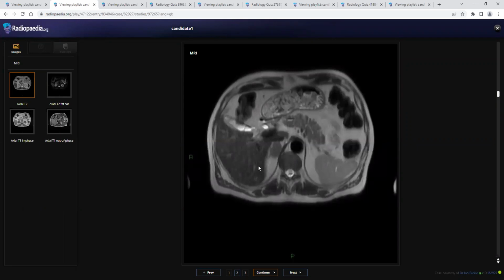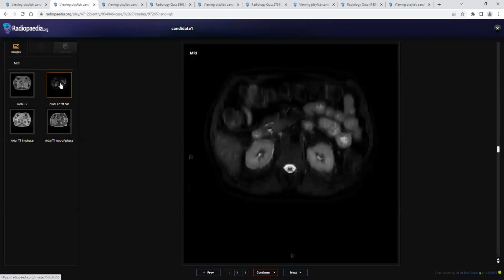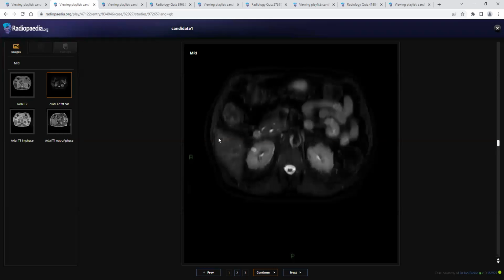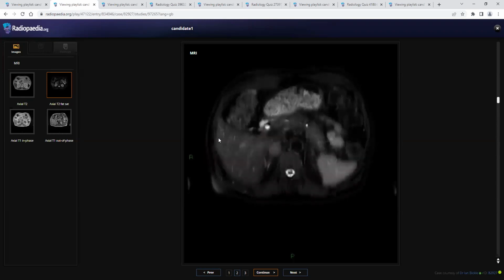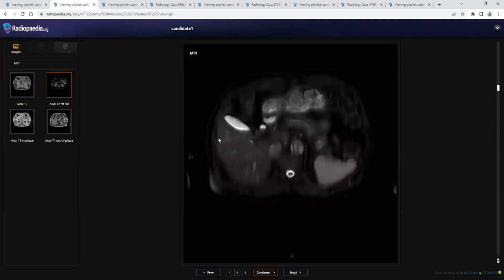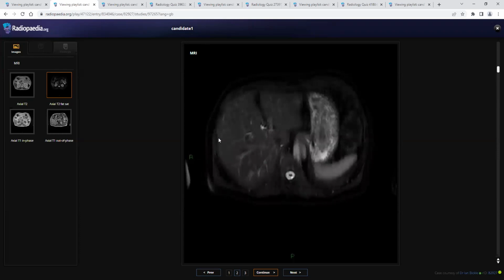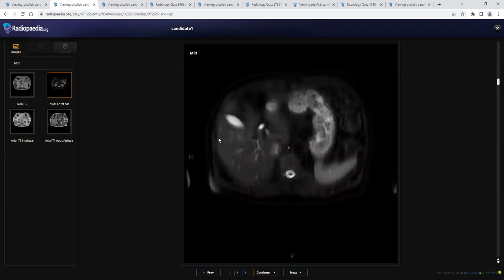This lesion is presenting T2 hyperintense in comparison with the adjacent liver. When we take T2 fat sat, we found that the lesion revealed no fat saturation, so there is no fat content inside.